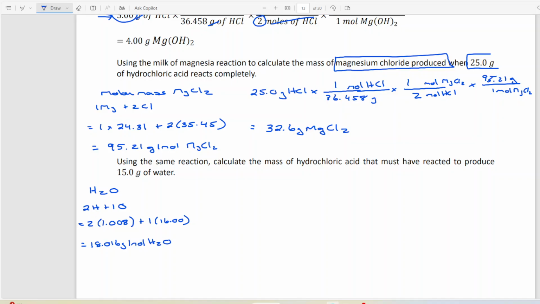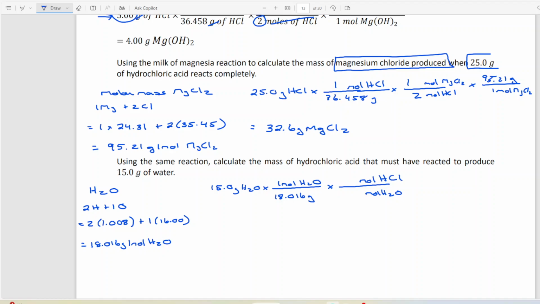Okay, then we get to start the formula. This time we're starting with 15 grams of water, and I want to convert into moles of water. I know that 1 mole of water weighs 18.016 grams. Now I want to convert from moles of water into moles of hydrochloric acid.